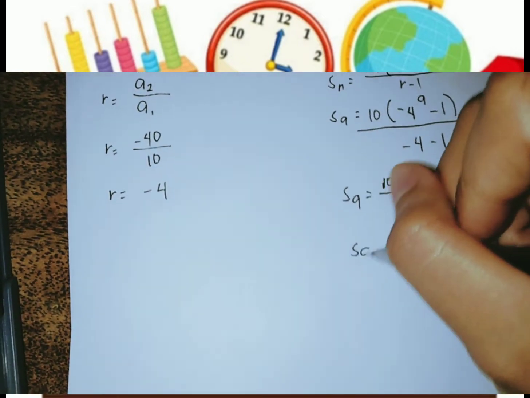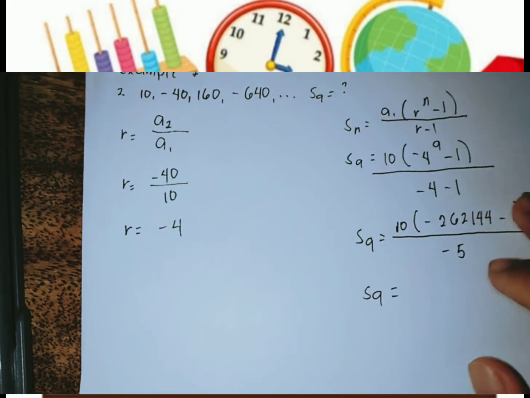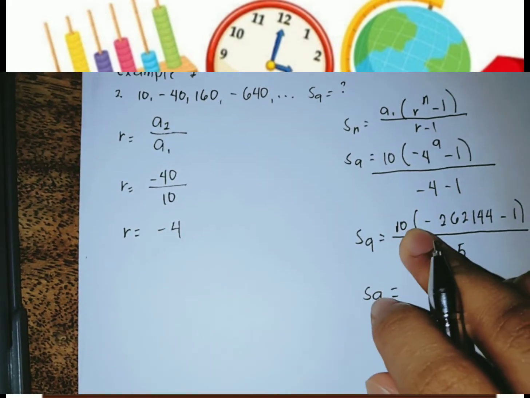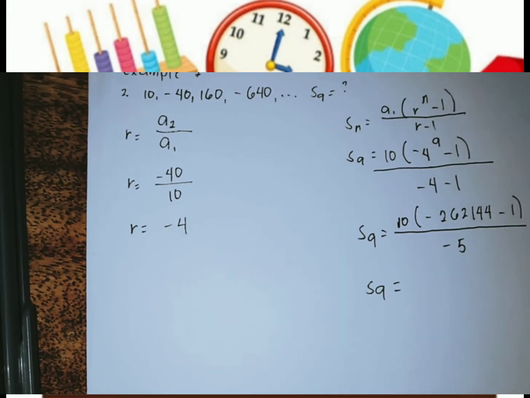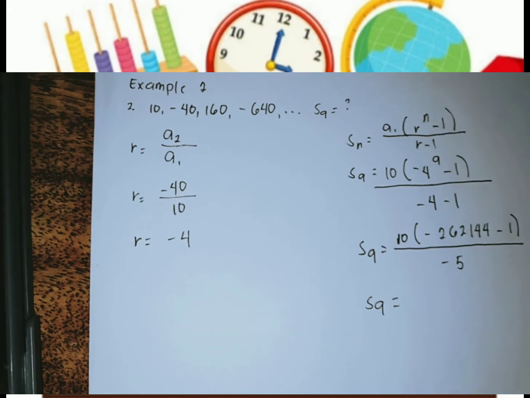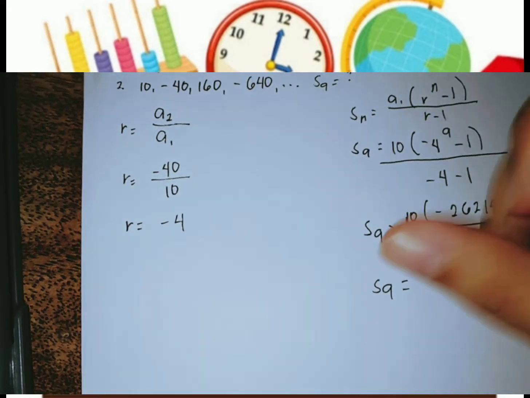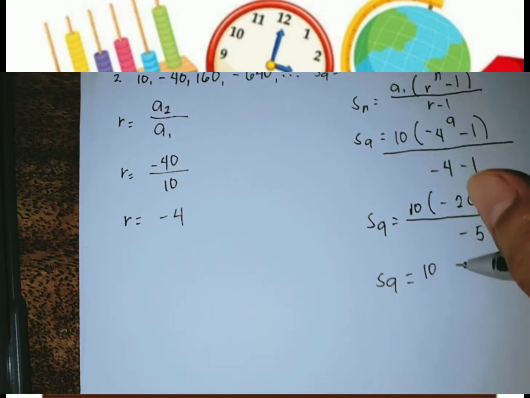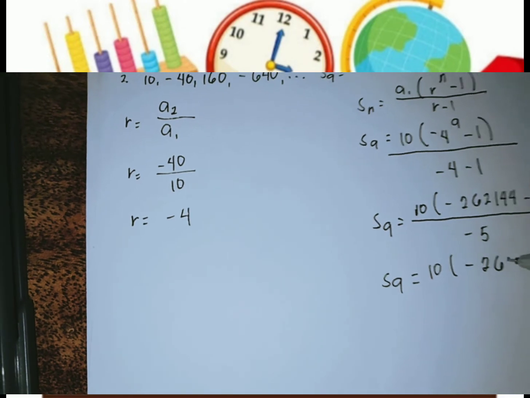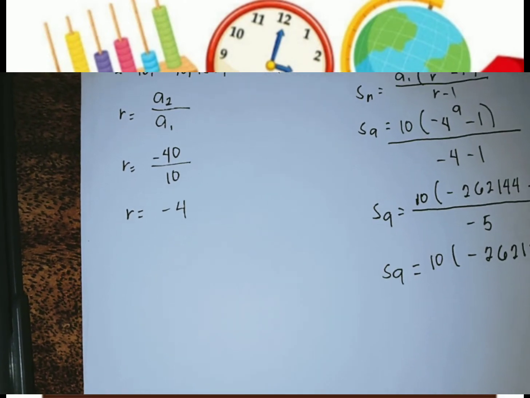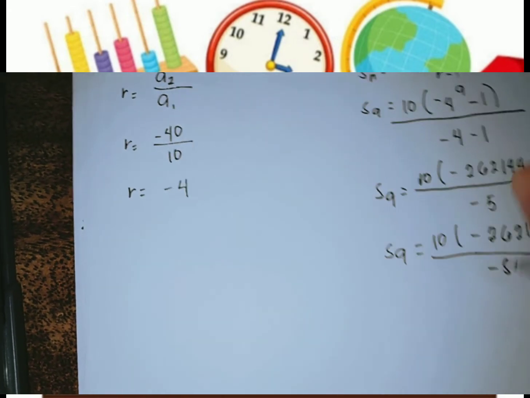So S9 is equal to, we subtract first before we multiply by 10. Negative 262,144 minus 1 is equal to negative 262,145, divided by 5.